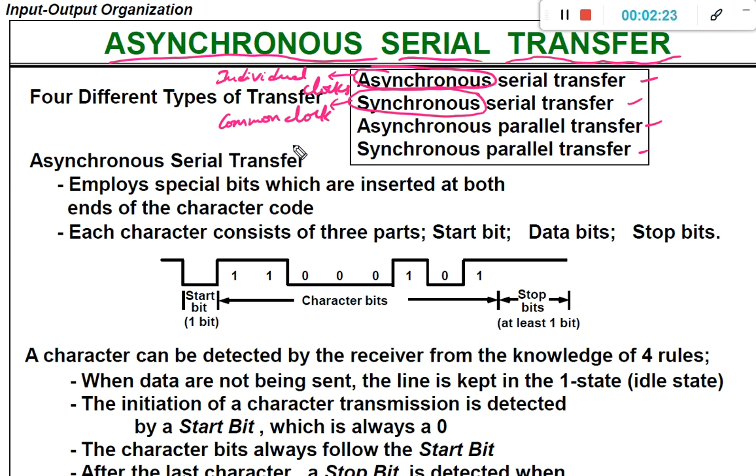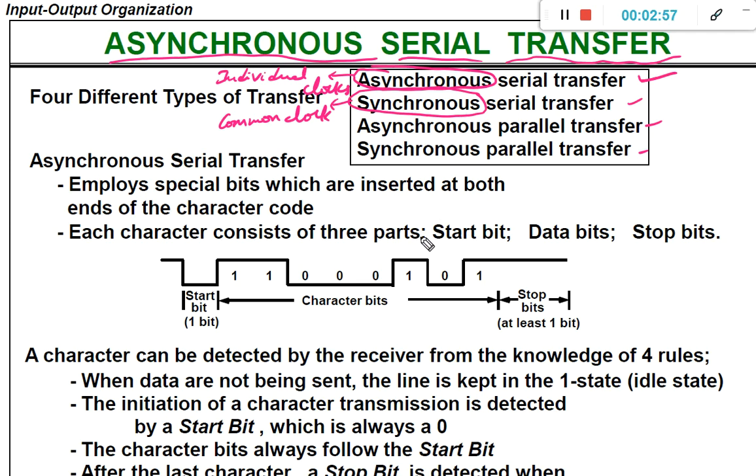Now let us start with asynchronous serial transfer. As far as asynchronous serial transfer is concerned, we transmit the data bit by bit. However, to recognize the start and the ending of a particular block of data, we divide the entire character.